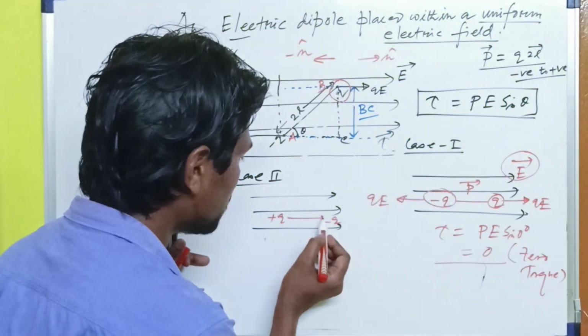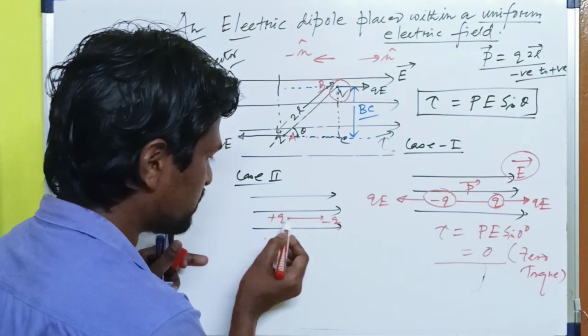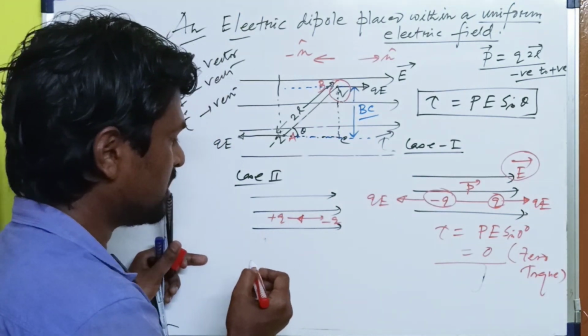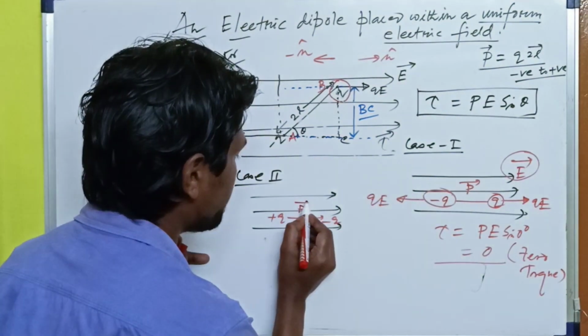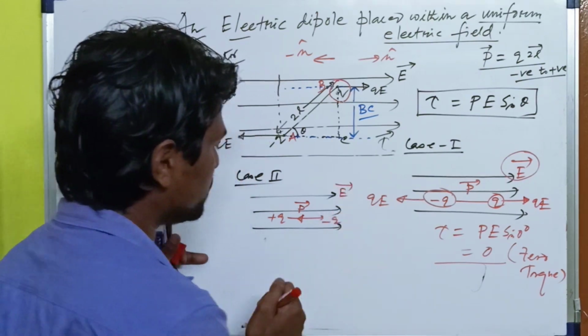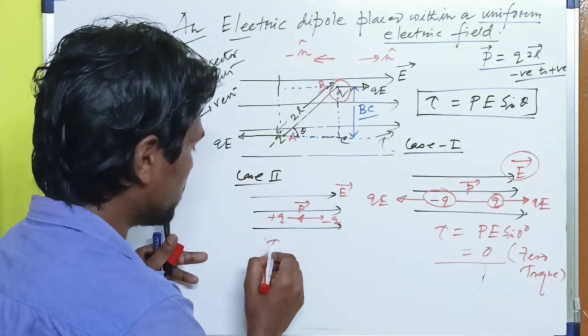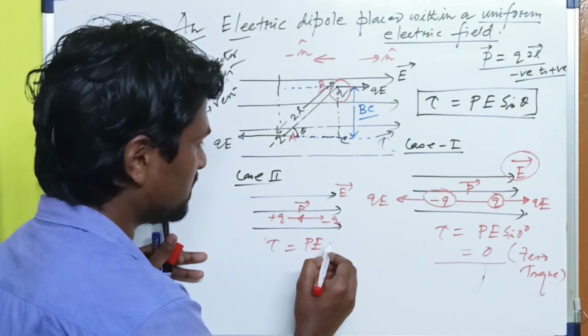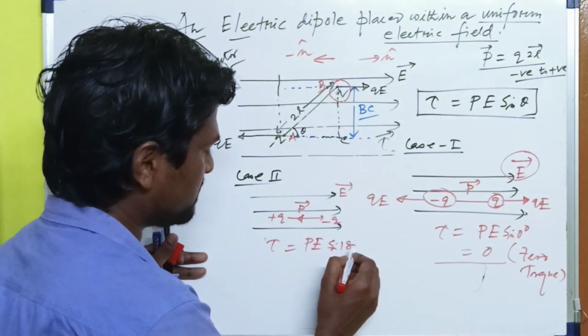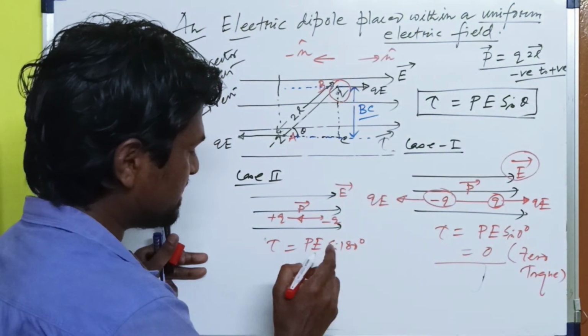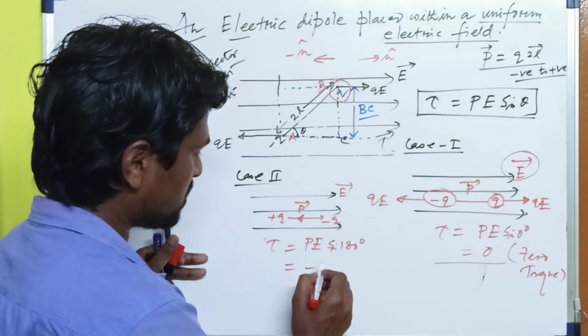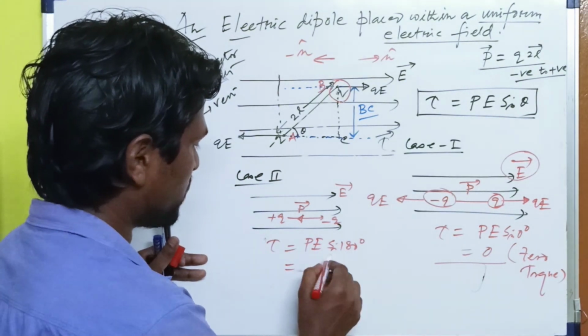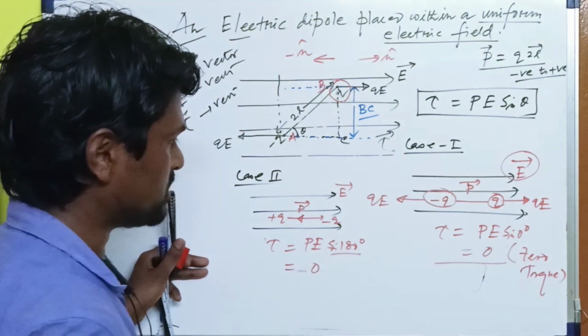The direction of the dipole moment is taken as negative to positive. So along this direction the dipole moment acts, and this is the direction of electric field. So this is anti-parallel. So tau equal to PE sin 180 degree, and since sin 180 is 0, this is also 0.